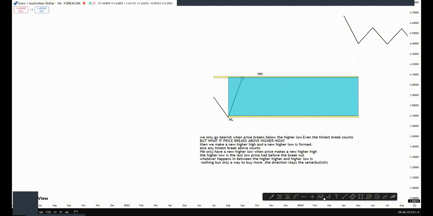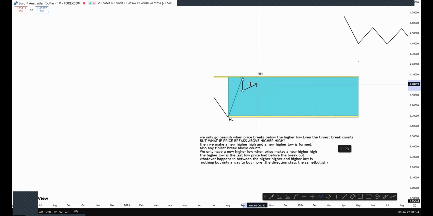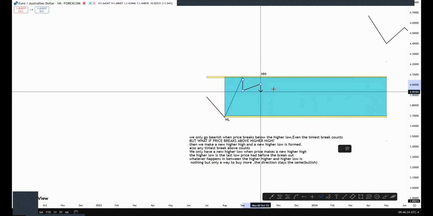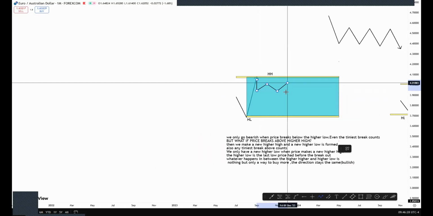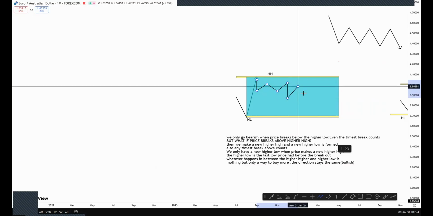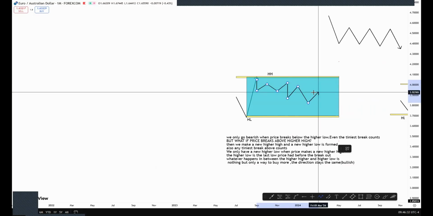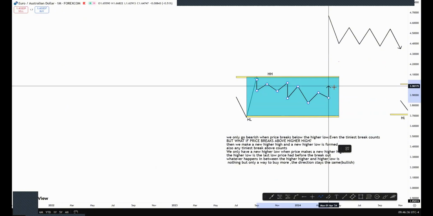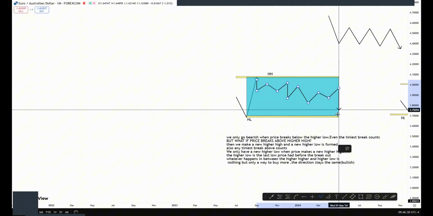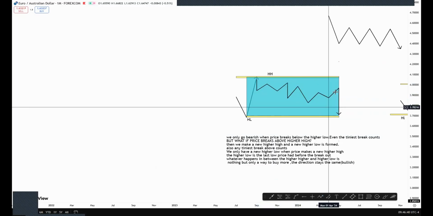So if price wanted, price can even be doing this kind of structure. Price can even be doing this kind of structure.